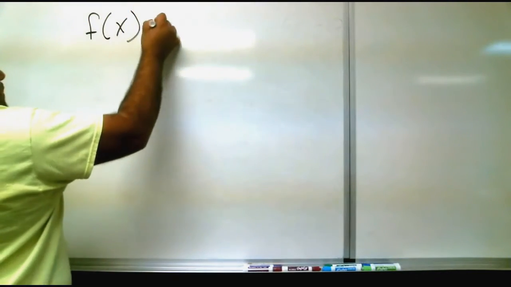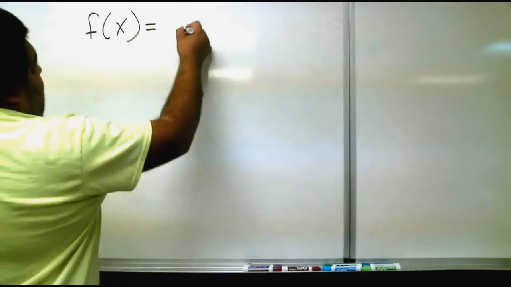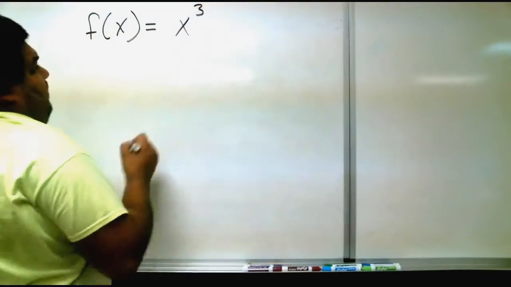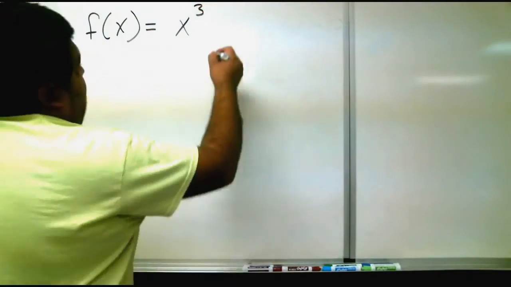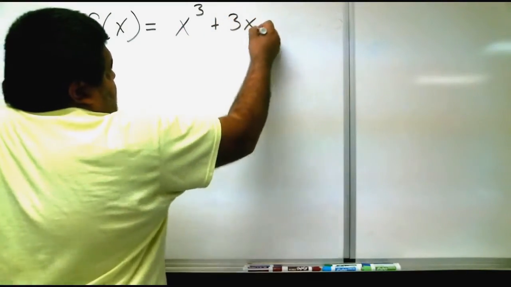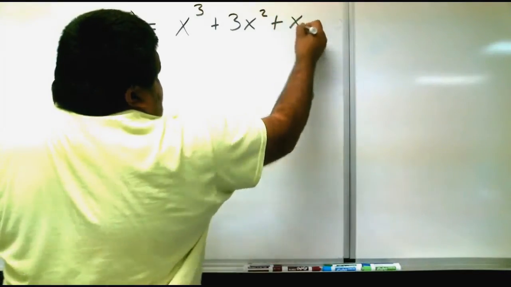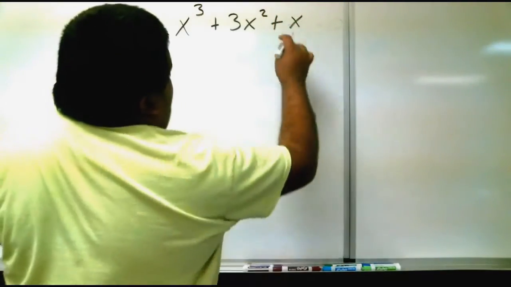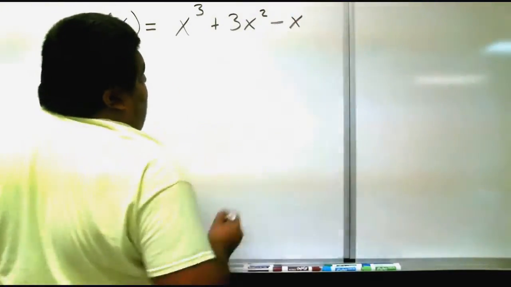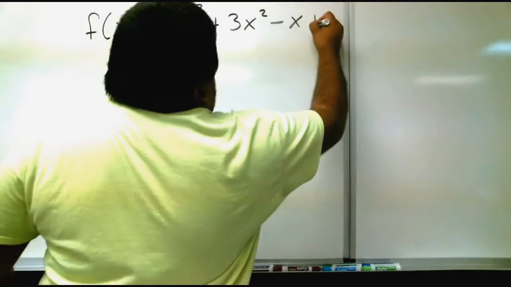You're going to find all the possible outcomes. f of x equals x to the third plus 3x squared plus x, or shall I say minus x, my bad, plus 8.